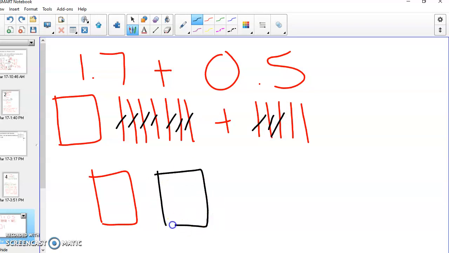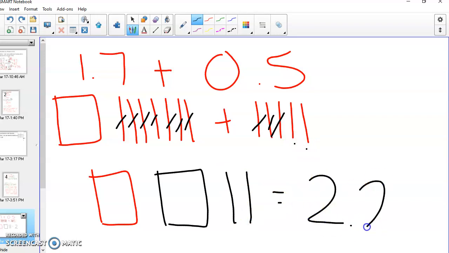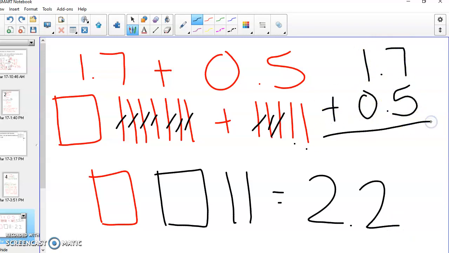So that would be 1 whole, and then the additional 2 here. So it would be 2 wholes and 2 tenths. Another way to do it is line up the decimals. So it would be 5 plus 7, which is 12, carry the 1, and 2.2. So both of them would be accurate ways.